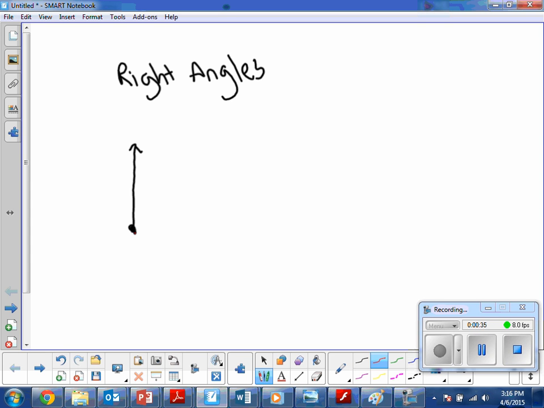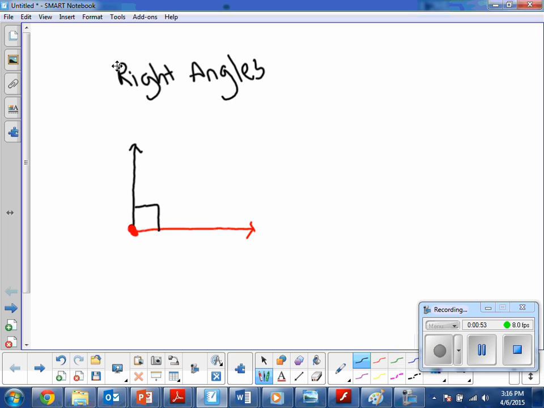Let me go ahead and make this one. And the two rays come to the points, their endpoints. That is your angle.